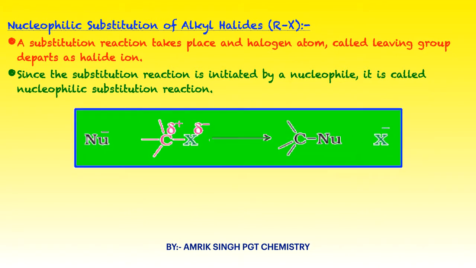Here the nucleophile attacks the C-X bond and X leaves, and the nucleophile takes the position of X, which departs as the halide ion. Therefore, this is an example of a substitution reaction.